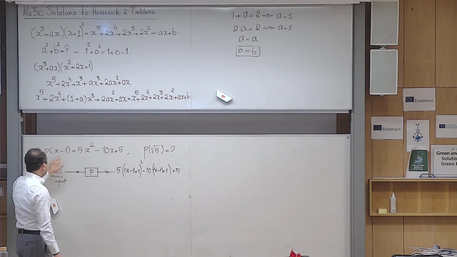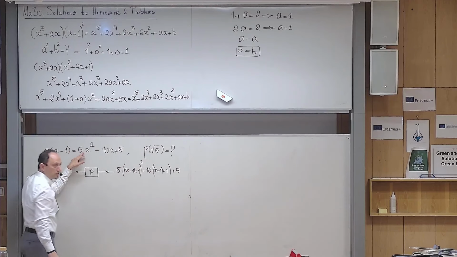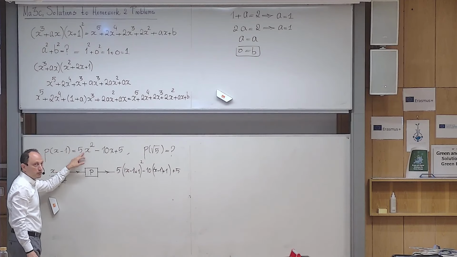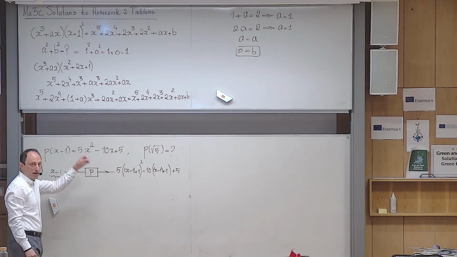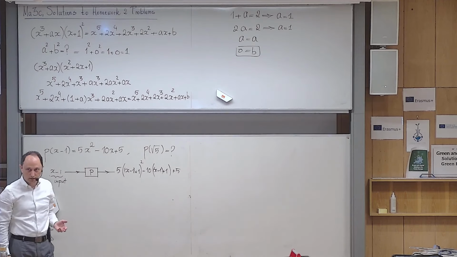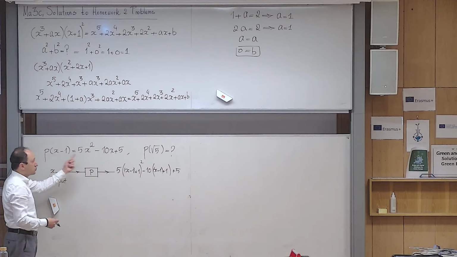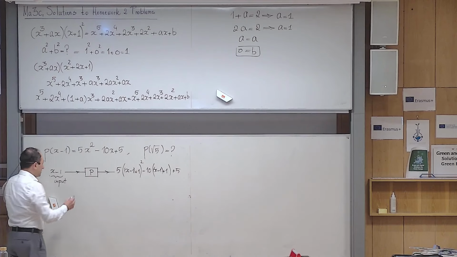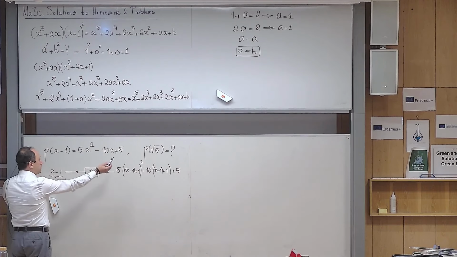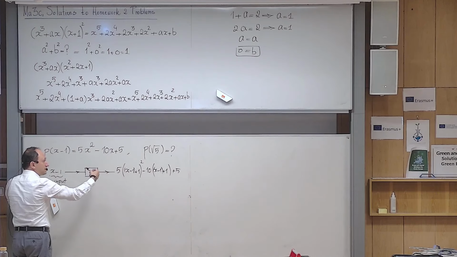If it was p of x equals to this, that will be an E-level question. Because p of the square root of 5 will be what? Just take x out and put the square root of 5 in. But be careful. If I replace x with the square root of 5, I have to replace it everywhere. Okay? Not selectively.